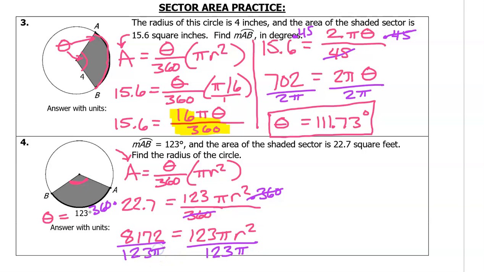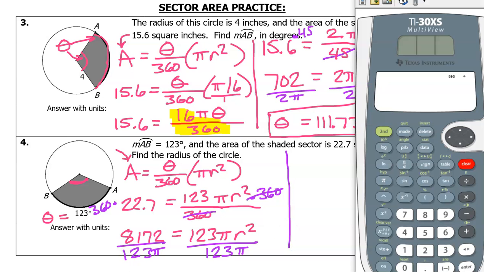So let's divide both sides by 123 pi and see what we get. Here we go. Fraction mode, got to use the fraction mode. 8,172 over 123 pi. If you don't have fraction mode and you have to use the division key, don't forget to put the 123 pi in parentheses.